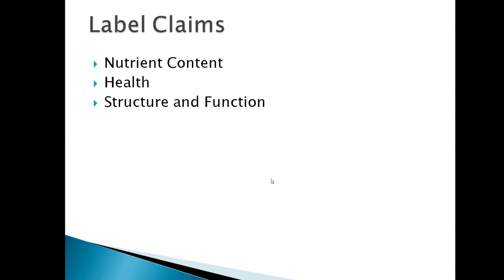Okay, nutrient content. When we talk about label claims that we'll see on food, there are other things on labels, claims that manufacturers may make. You'll see different types of claims: nutrient content claims, health claims, and then structure and function claims. I'm not going to go over these in depth.